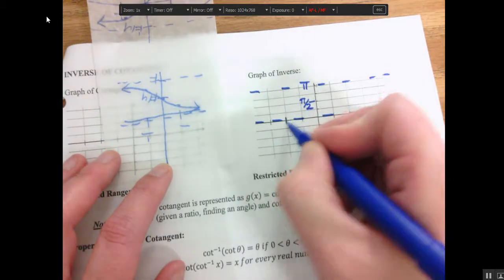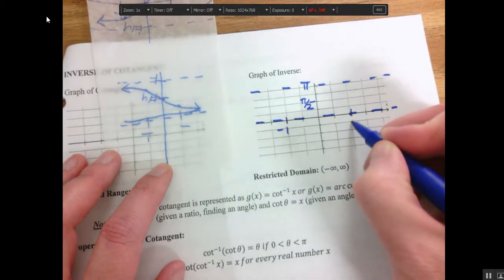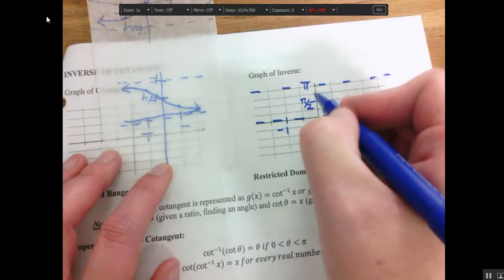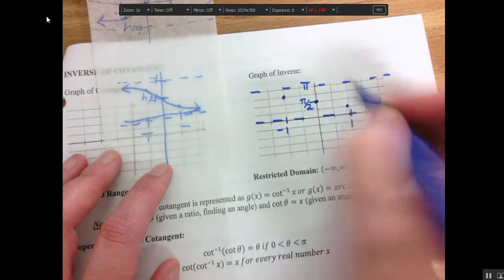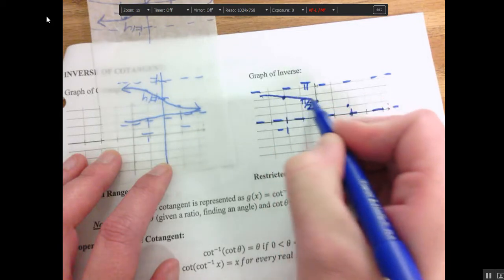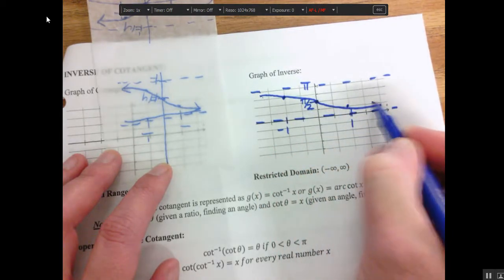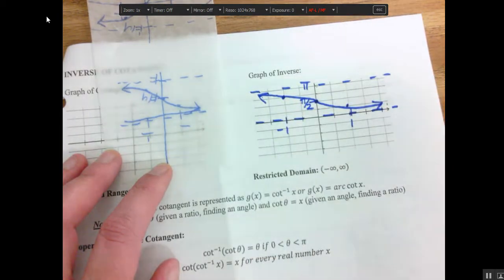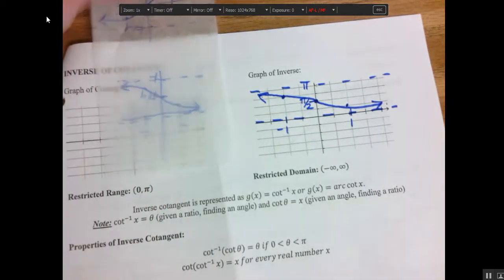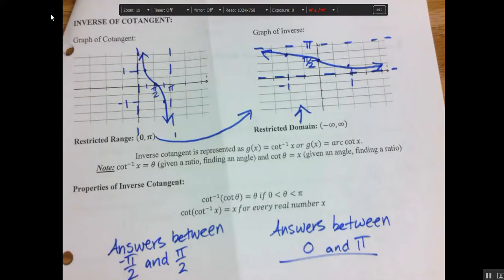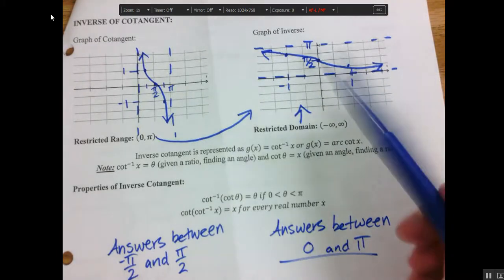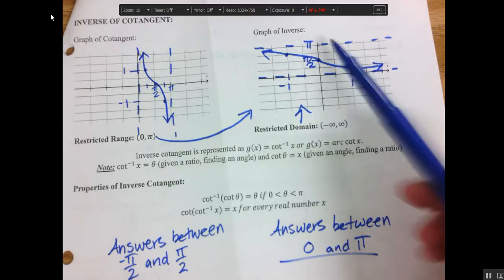You need a -1 and a 1. Okay, so that's your inverse. Then graph your regular cotangent as well. So for inverse cotangent, you notice that the answers are between 0 and pi.